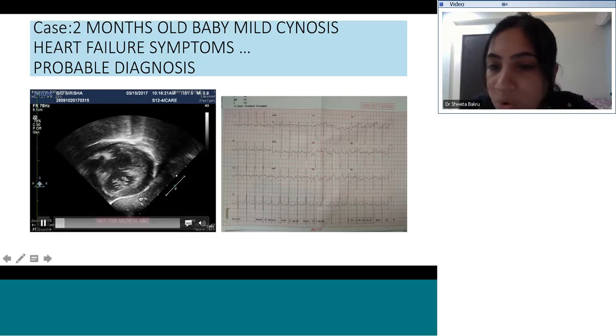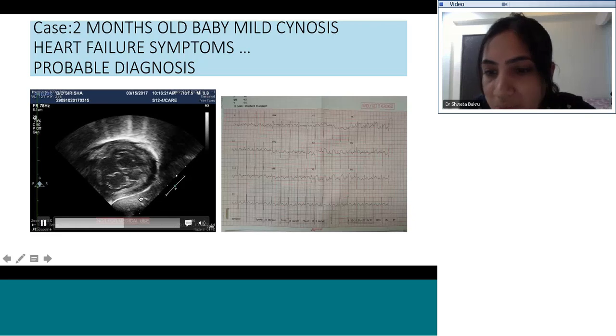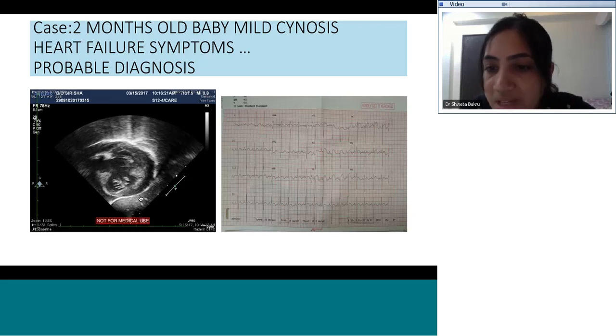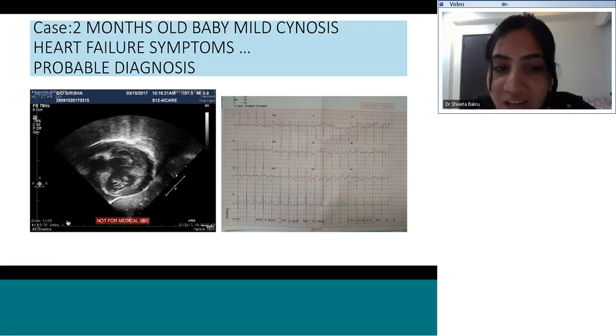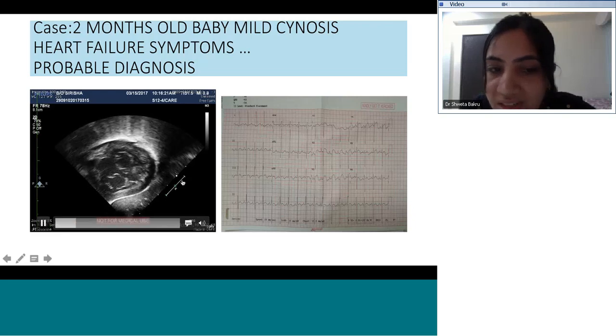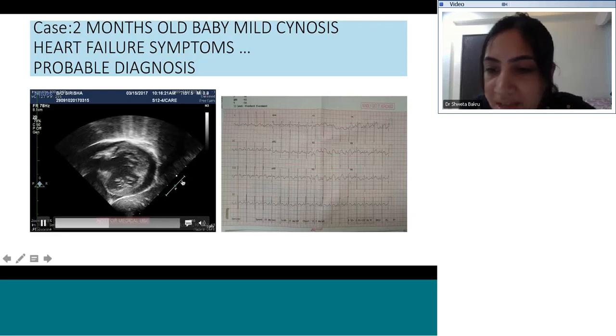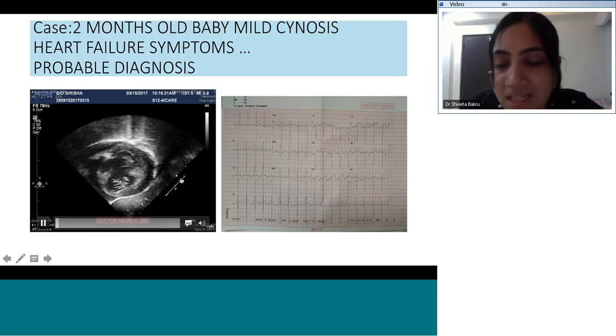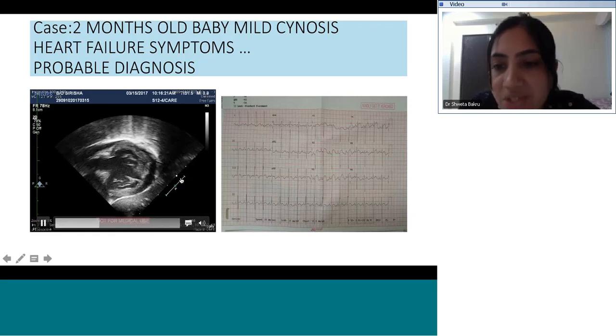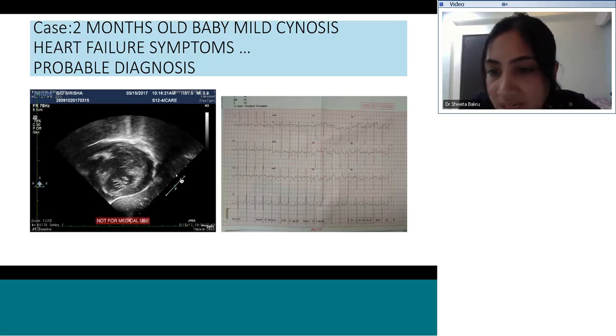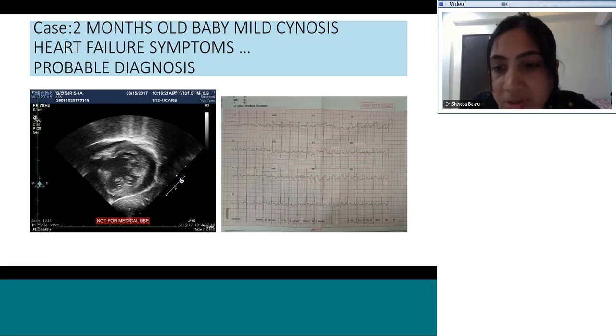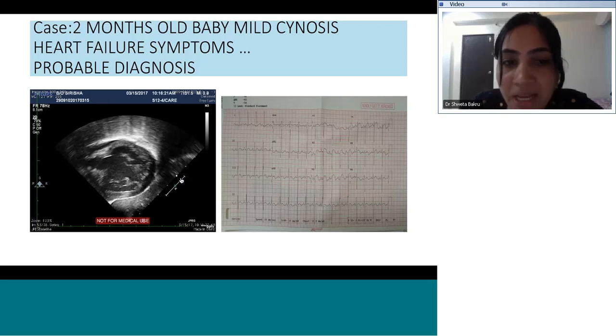So, okay, let us go again by basics. What is this view? A large inlet VSD with 5 leaflets, AV valve in short axis. Are you seeing 5 leaflets here? There is one very classical picture of common AV valve given in Moss and Adams, the standard textbook. It is also given in Snyder.